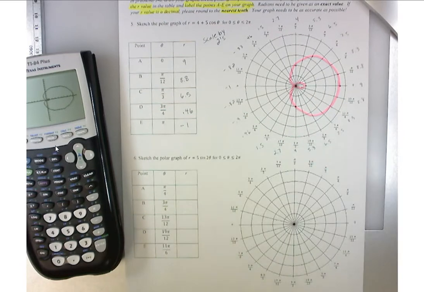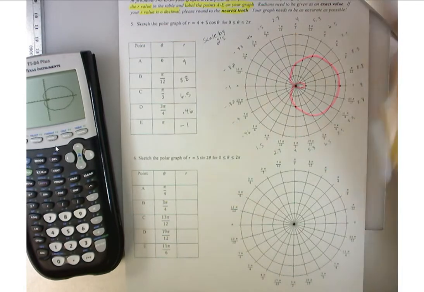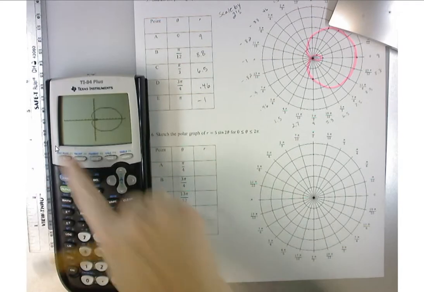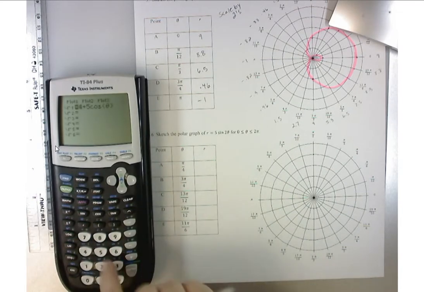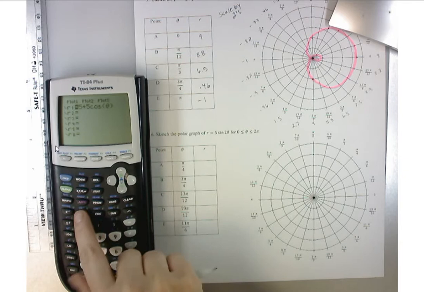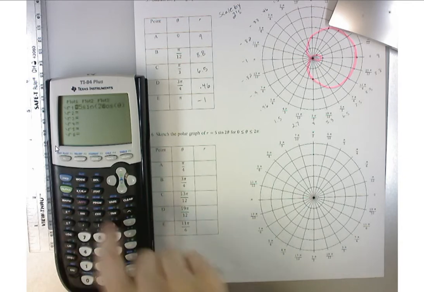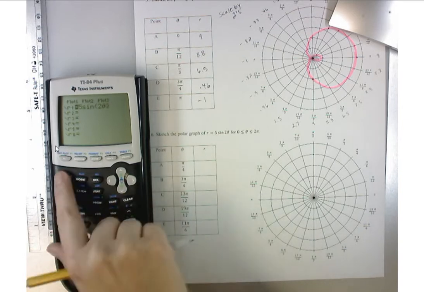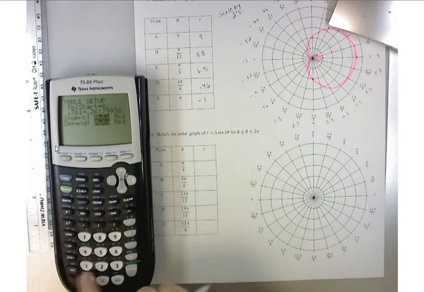All right, and then for number 6, we're going to do something similar. So if you go to your y equals, you have 5 times the sine of 2 theta, which is going to be a rose curve.